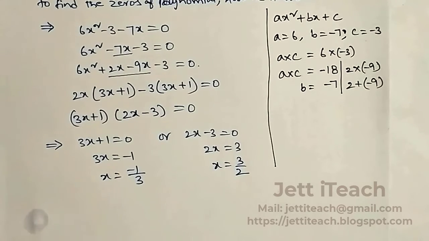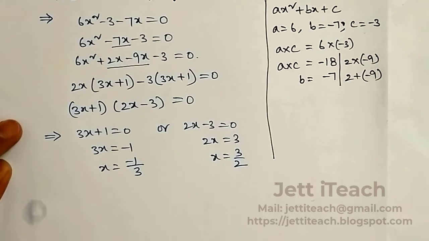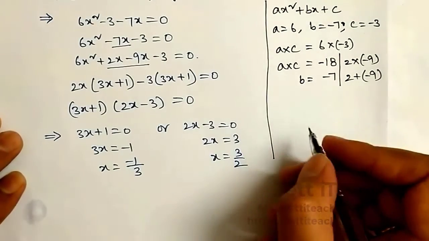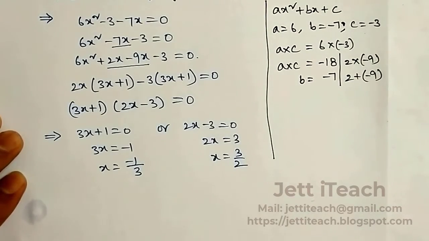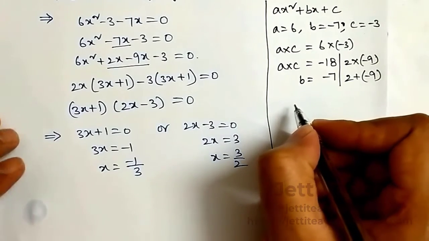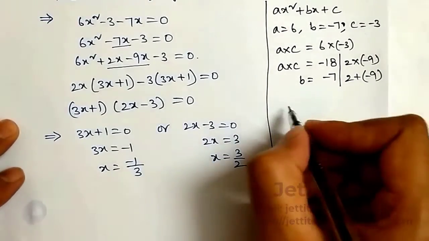Now we can find the sum of zeros and product of zeros, and relate them with the coefficients of the polynomial. Before that, you can find the sum of zeros and product of zeros by formulas.